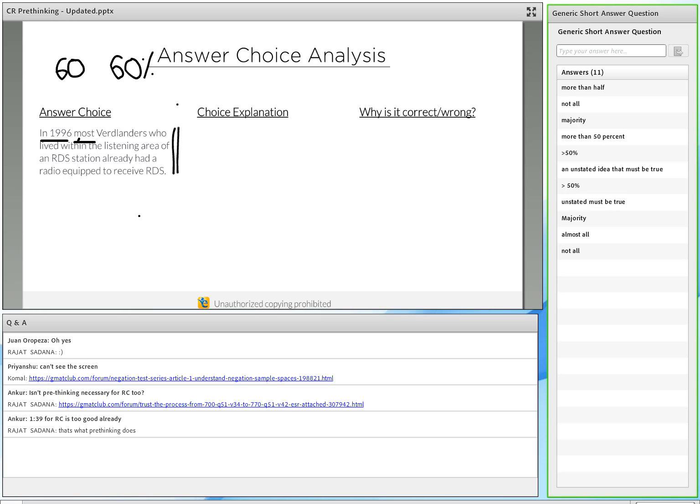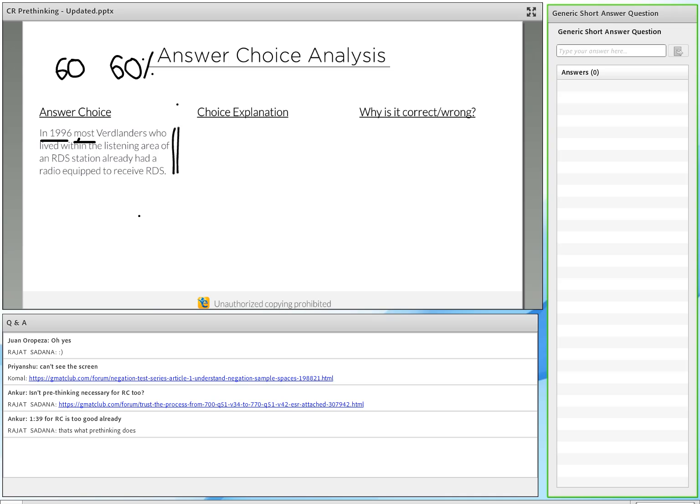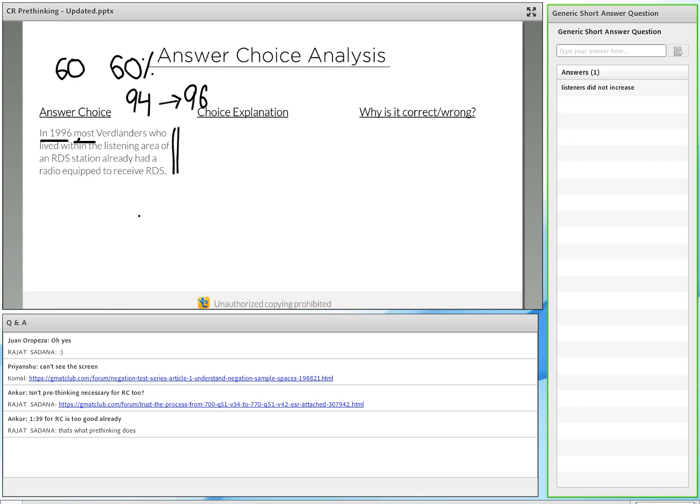Okay. Now, what is my conclusion? What is my conclusion? The conclusion is saying between 94 and 96, the number of Worldlanders does not increase a whole lot.